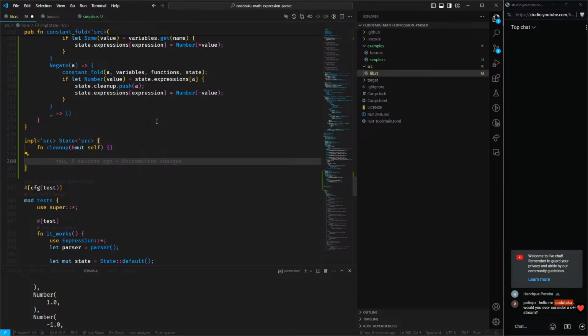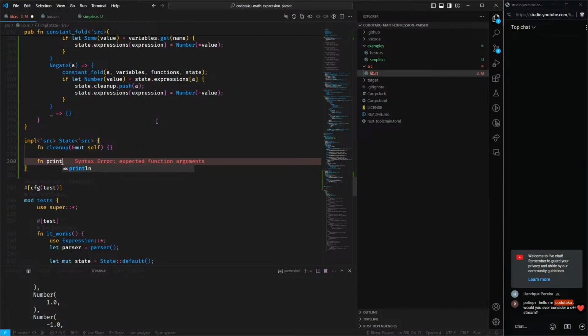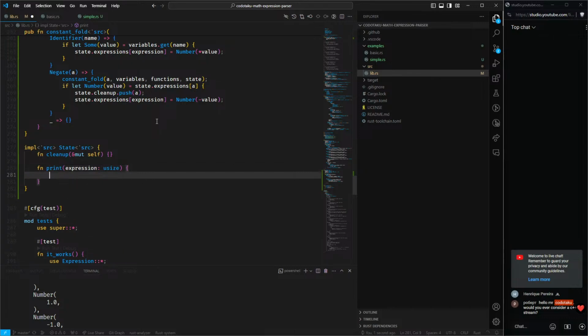Which one should we do? I think honestly the state would be better. So maybe print and then expression or AST. You would get the usize, and you need to print that. Okay, cool.